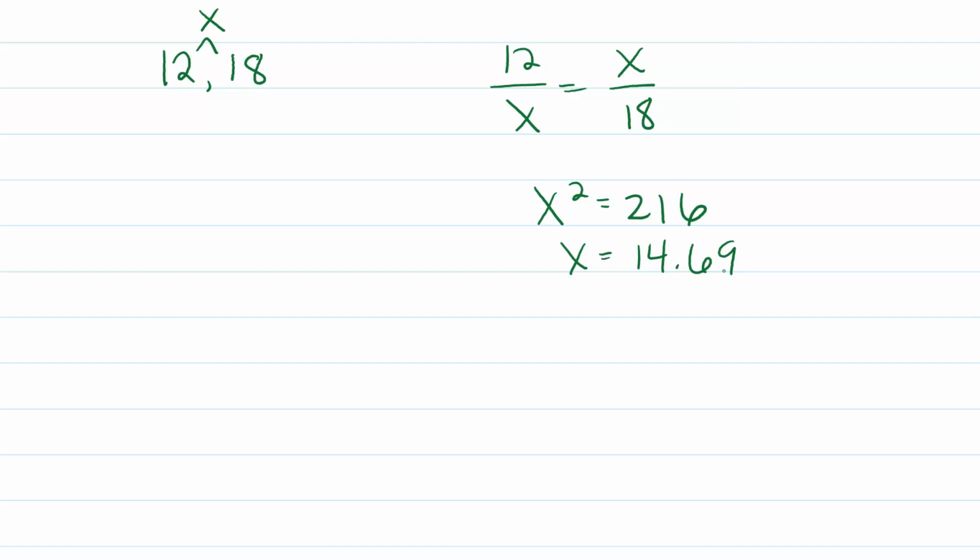So if you're just given two numbers, you can set it up as a proportion. Basically, you're going to multiply the numbers and take their square root, which is what you do when you cross multiply.